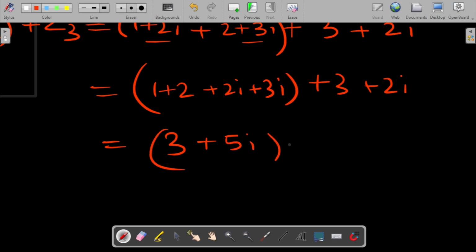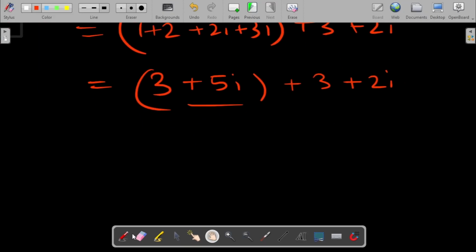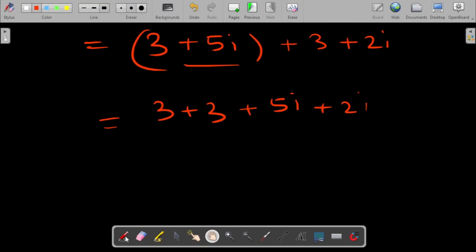Now this is one complex number and this is another. So this equals 3 plus 3 plus 5i plus 2i. So 3 plus 3 gives 6, and 5i plus 2i gives 7i.